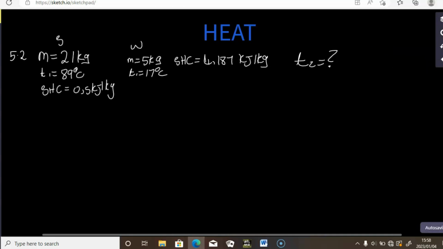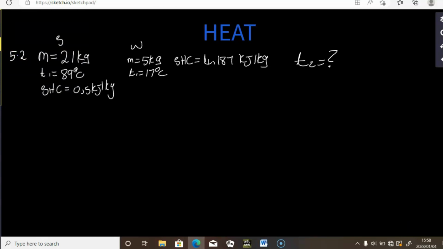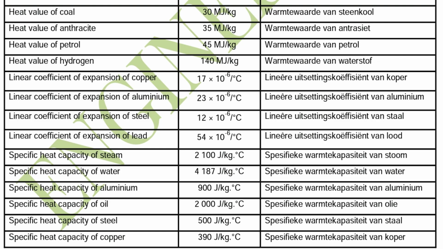You can notice that they did not provide us with the specific heat capacities of both the water and the steel, but there is a table on this question paper, which is the last page of the question paper. We have specific heat capacities for materials, I think they are 6. Yeah, we have the specific heat capacity for steam, for water, for aluminium, oil, steel, and copper.